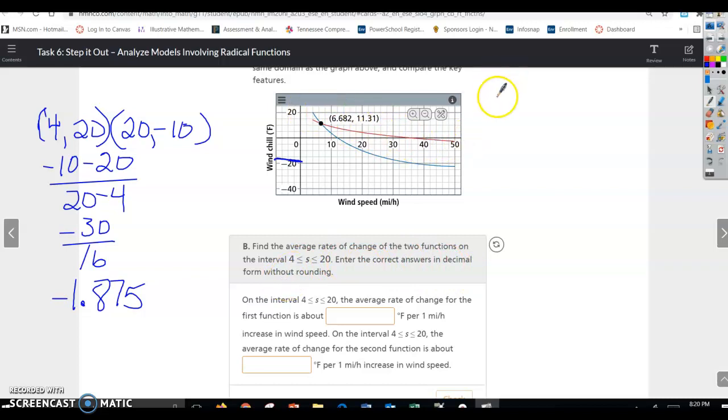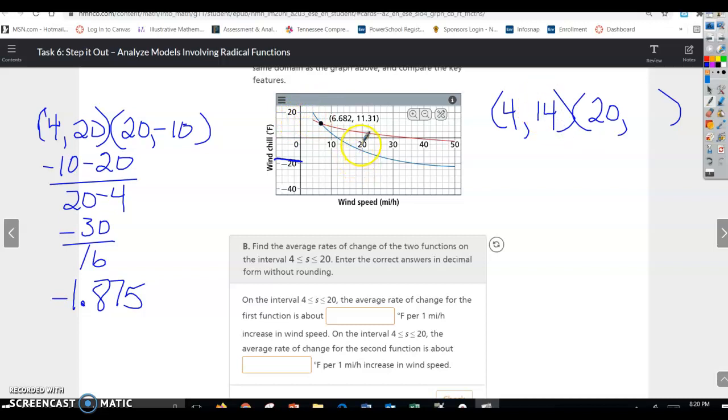Now I want to use the same interval and look at the other line, the red line. I take the same interval from 4 to 20 on my x's, my speed of wind, and see what my y values are. At 4, it looks like this is 10, that would be 15, so it's right below 15. Let's say 14.